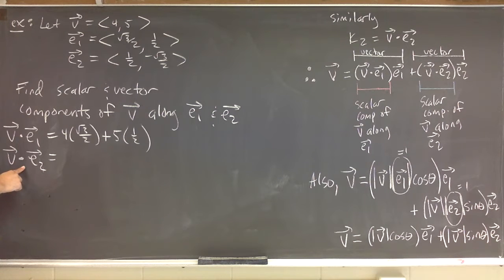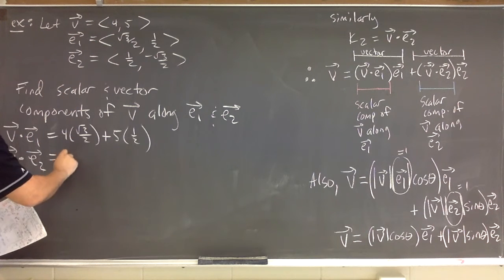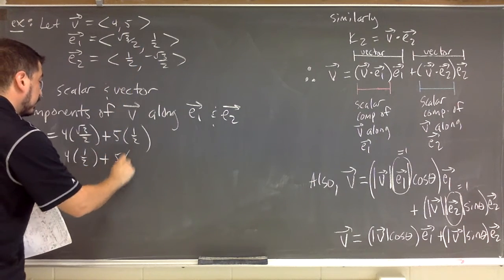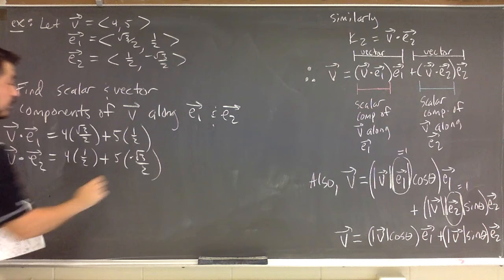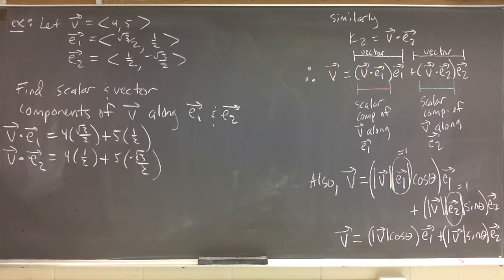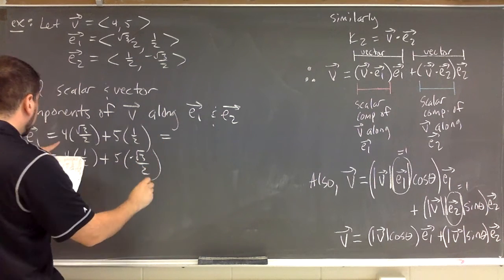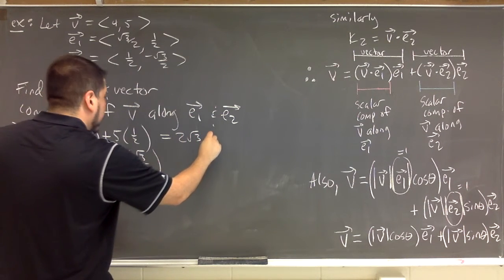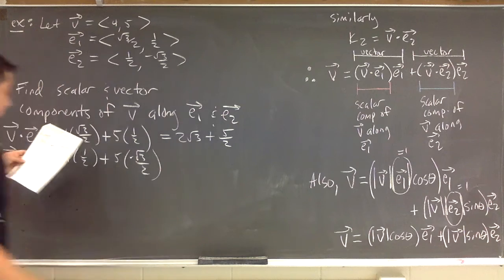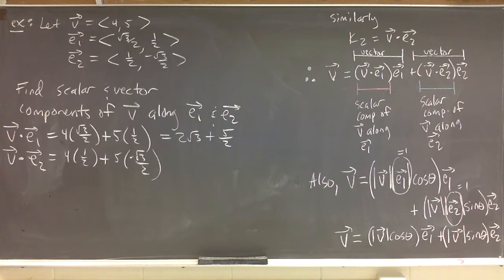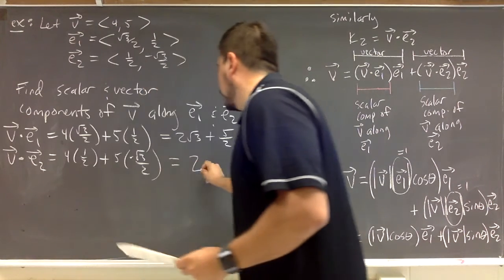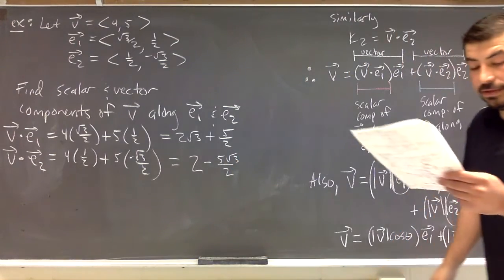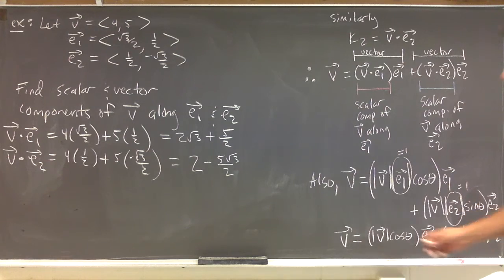Similarly with v dot E2, you take 4 times 1/2 plus 5 times negative root 3 over 2. And we can simplify those. So you should get 2 root 3 plus 5 over 2 for the first scalar component. And for the second one, when you simplify, you get 2 minus 5 root 3 over 2. Okay, so those are the scalar components.